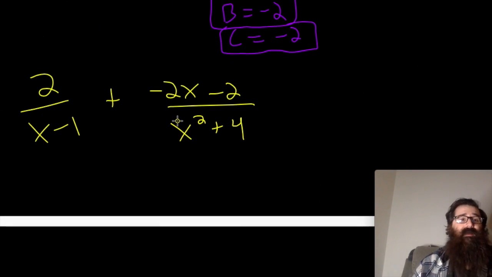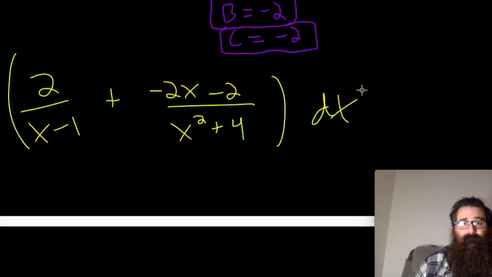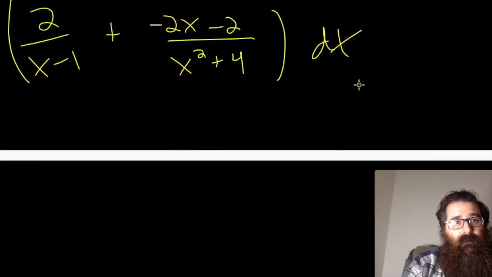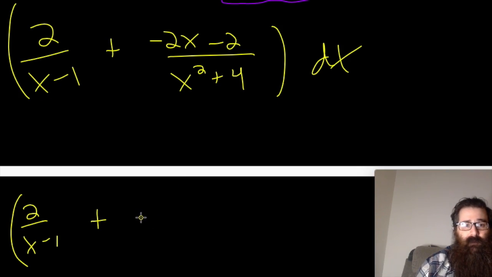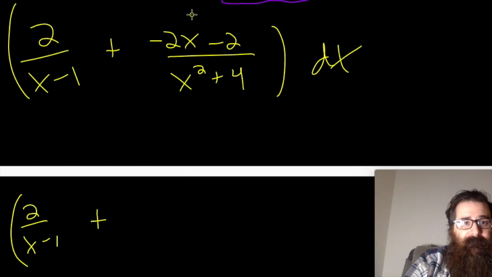And this is what I want to be integrating instead. And furthermore, to integrate this, I really should break up this final fraction. So I can say I want to integrate this 2 over x minus 1. But then here I also want to integrate, let me actually bring the minus in front for each of these.